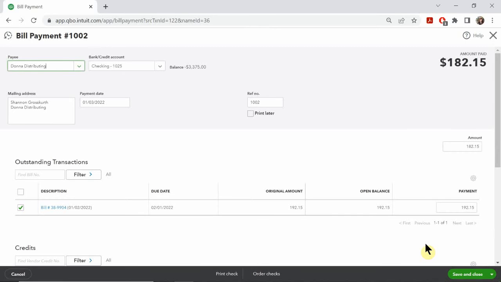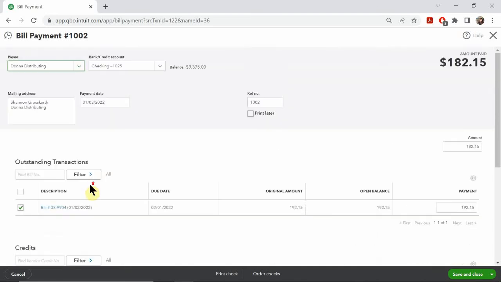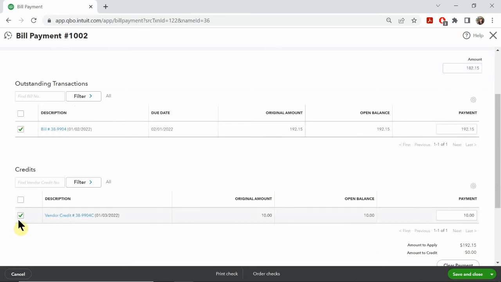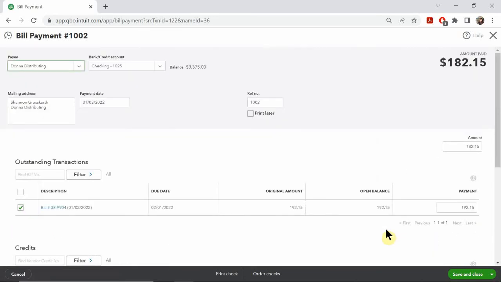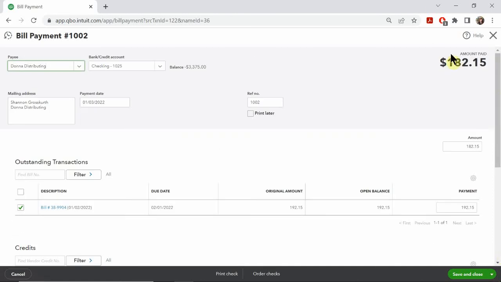My bill is going to be here, and then down below is where your credits will be applied. So in this case, we have the bill payment credits. So you have the credit here for the vendor credit for that $10. Originally you owed that $192. It is now decreased to $182.